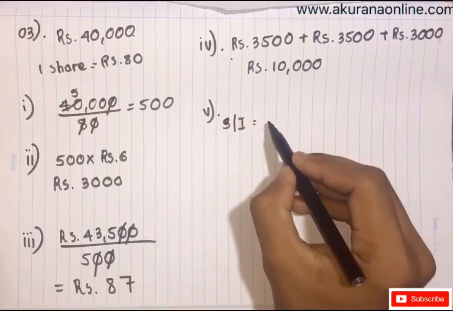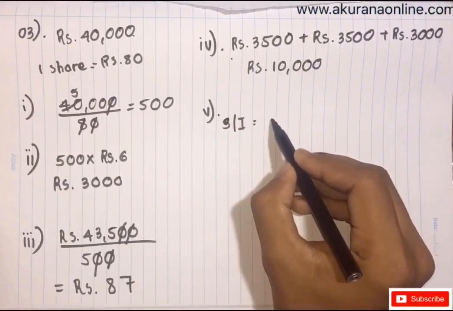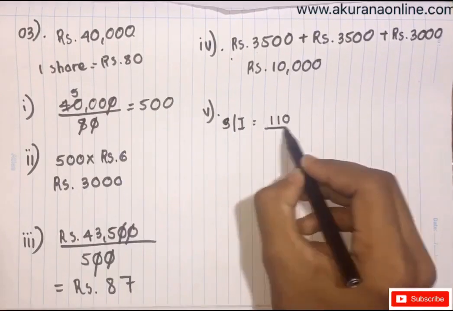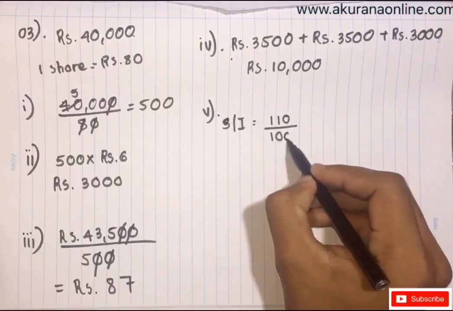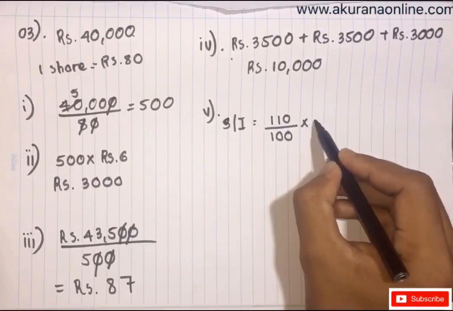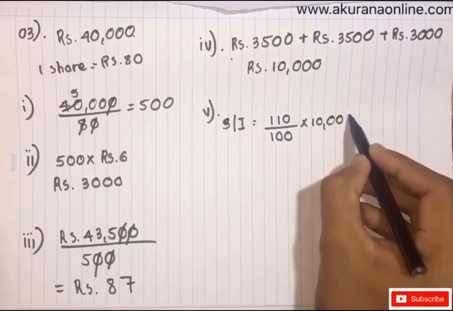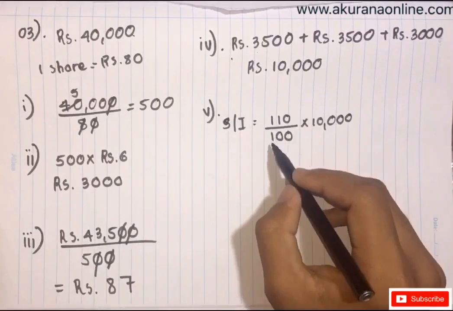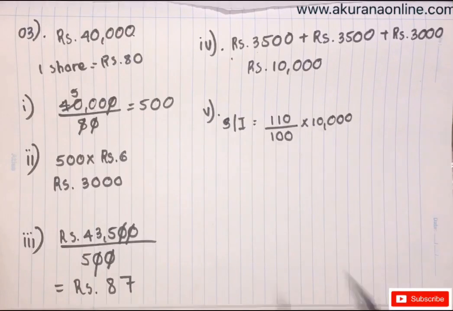Say the interest rate is 10%, so the total amount he will receive is 110 over 100, for 10,000. This is for 1 year. This is the amount in the bank after 1 year with the interest.